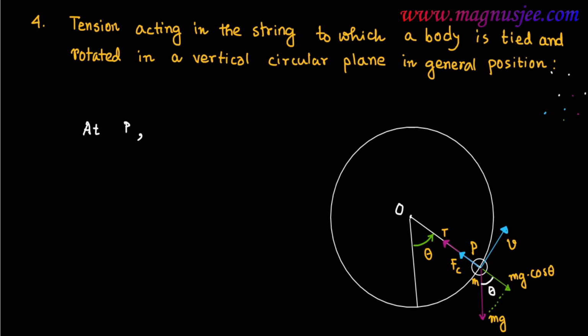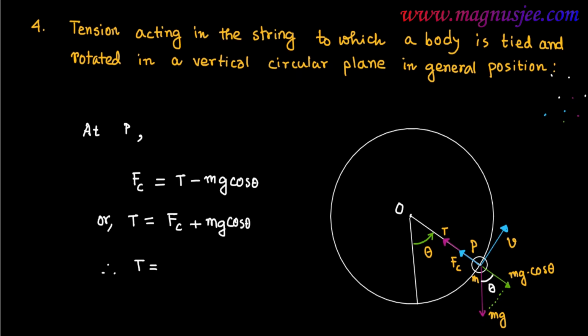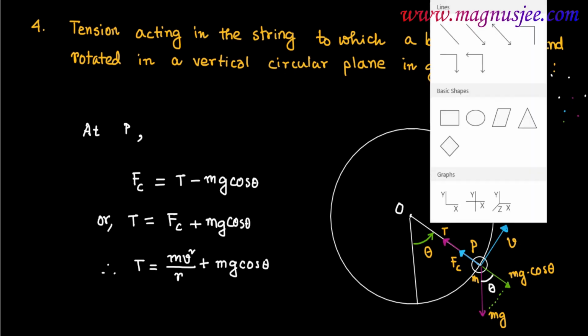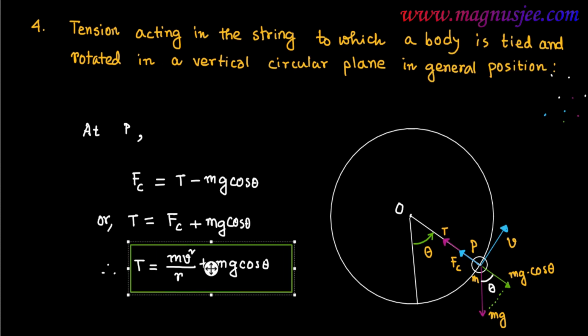At the point P in general position, the centripetal force Fc is equal to T minus mg cos theta, or T equals Fc plus mg cos theta. Therefore T equals mv square by r plus mg cos theta.